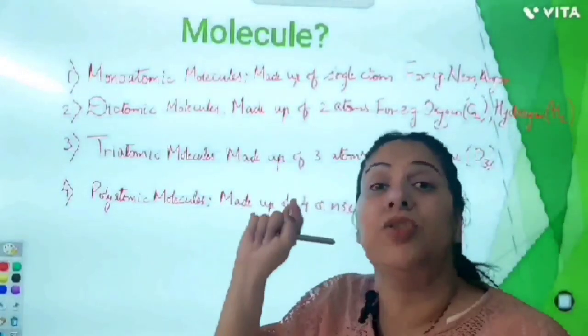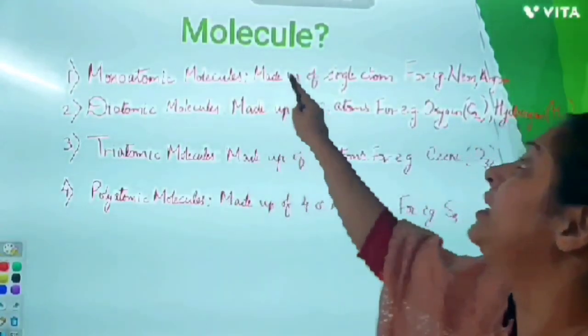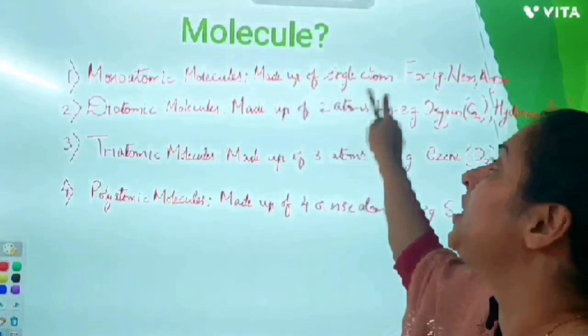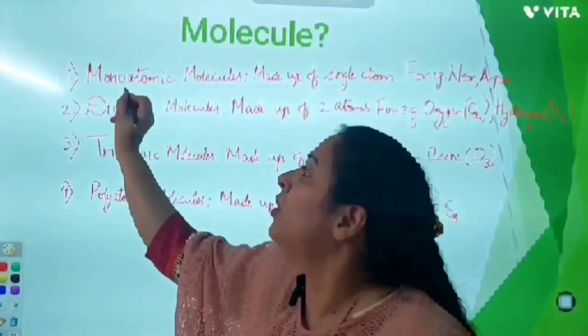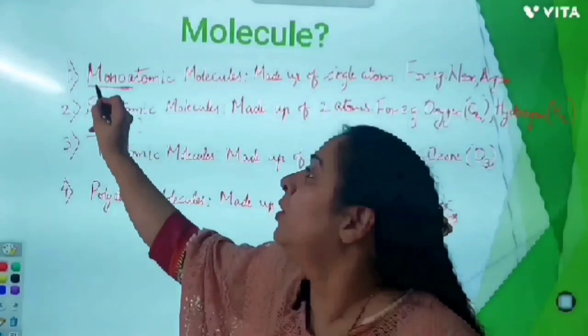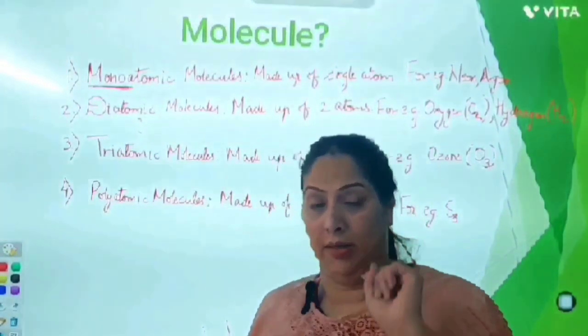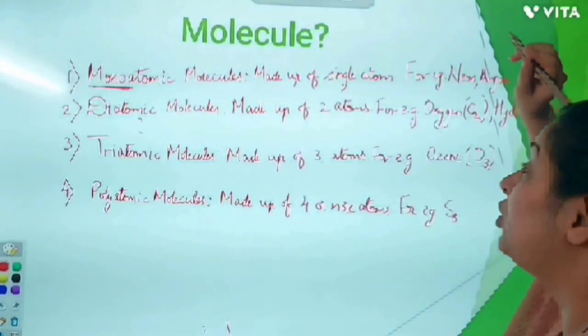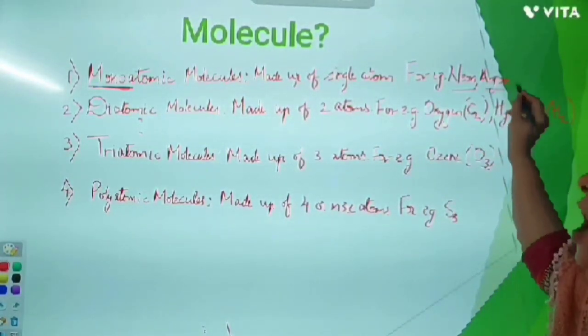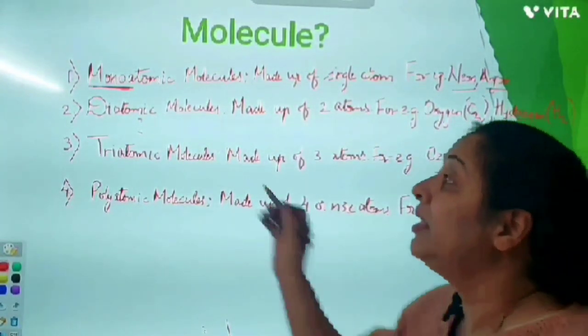Such molecules that can exist freely, made up of a single atom, are known as monoatomic. The word mono means one, single. Examples of monoatomic molecules are neon, argon.